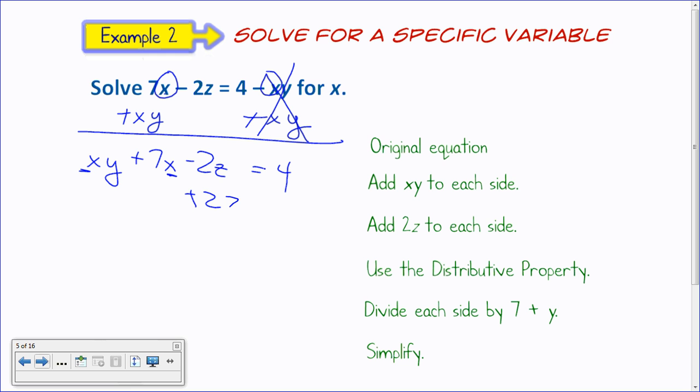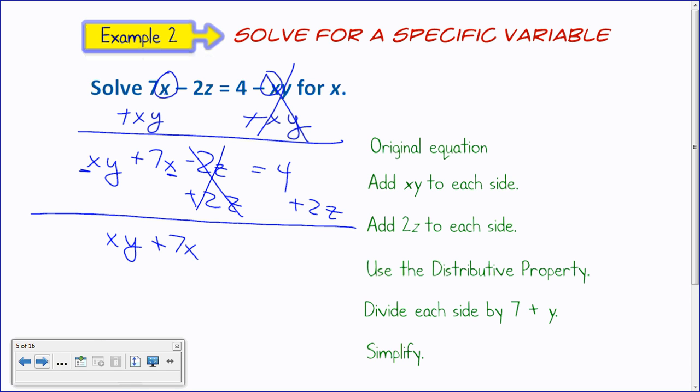Add 2z to both sides, kind of like we did in the first problem. So now I get xy plus 7x. Those two cancel. Can I combine these two? So just write it out. 2z plus 4. How do I know it's a plus 4? This is positive. Good.